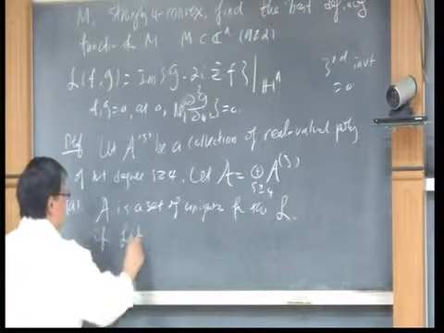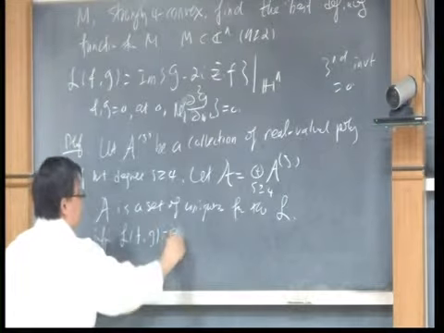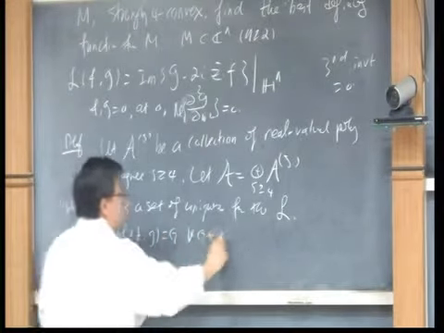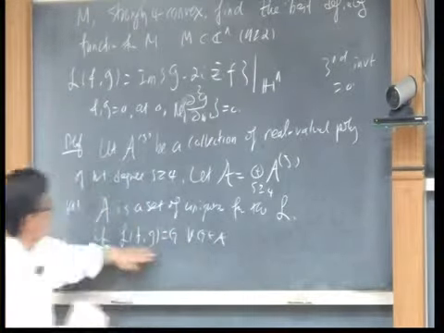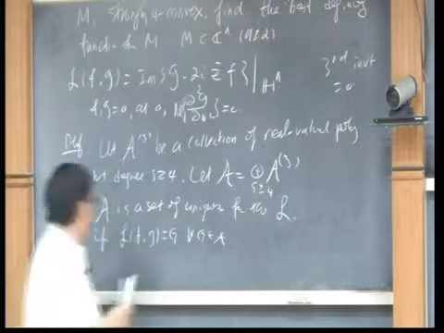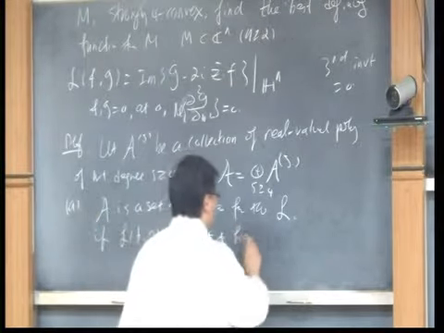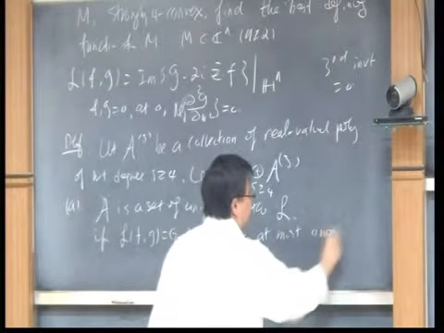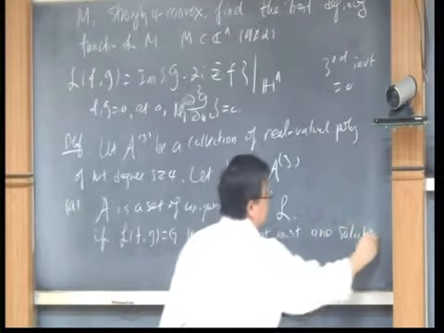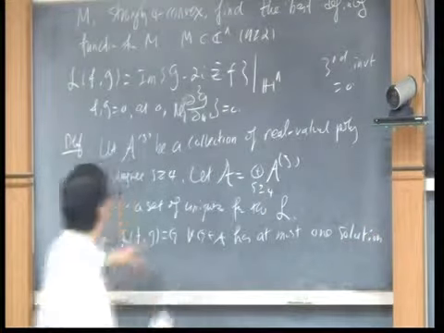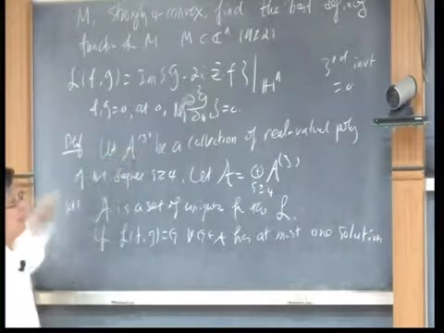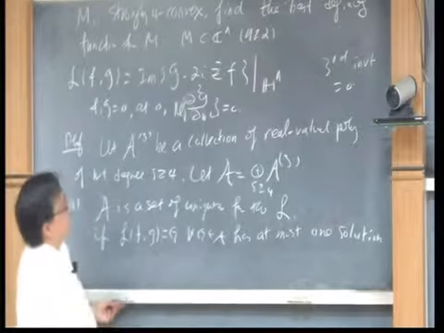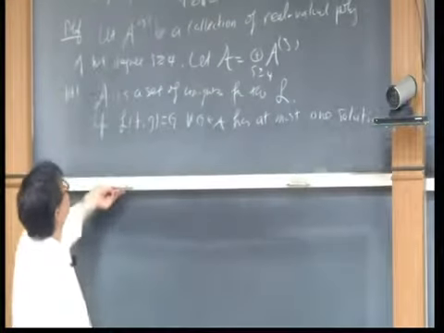For any G inside A, this may not have a solution. If there is a solution, it has at most one solution. If there is a solution, this may not be a linear subspace, so we do not talk about homogeneous. It's not enough. Okay, this is the first part.